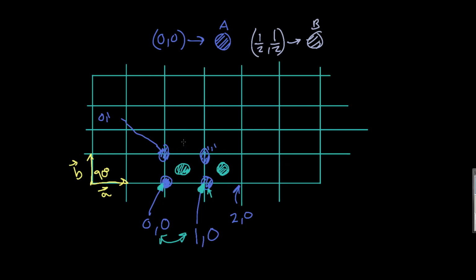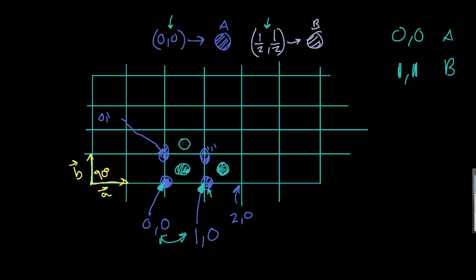We are assigning our basis to every single lattice point. It's just convention to call the lattice point 0, 0, and then whatever other points we can give other names inside of, in between the points. What we wouldn't say is our basis is 0, 0 for the A atom and 1, 1 for the B atom, because 1, 1 would be the same as 0, 0. I hope that makes sense.